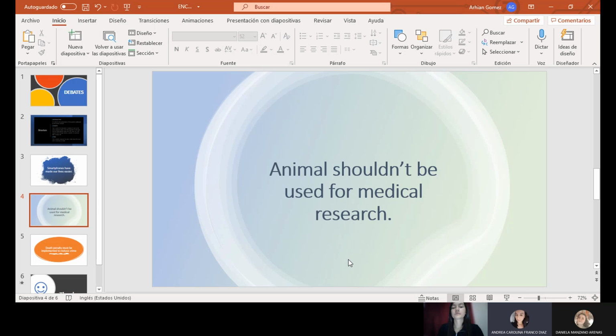The animals can feel pain, the animals scream, animals cry. That means that animals have feelings. They should have rights. They need to be respected.